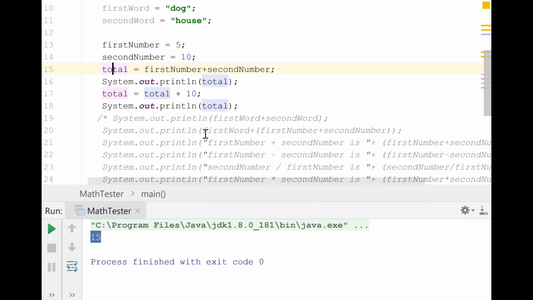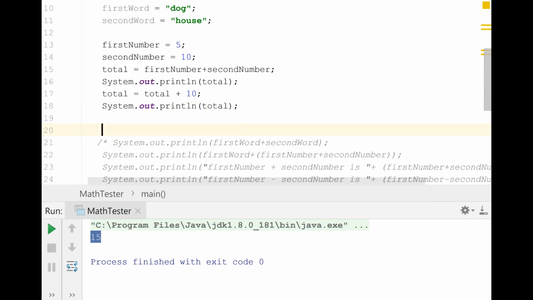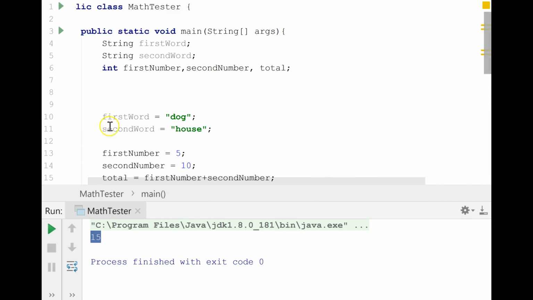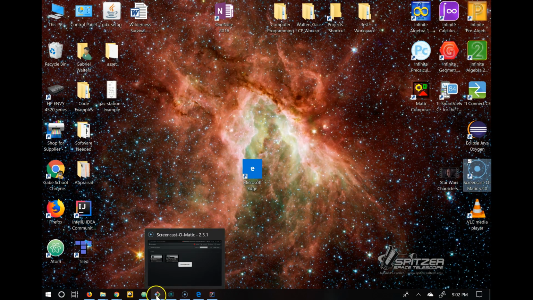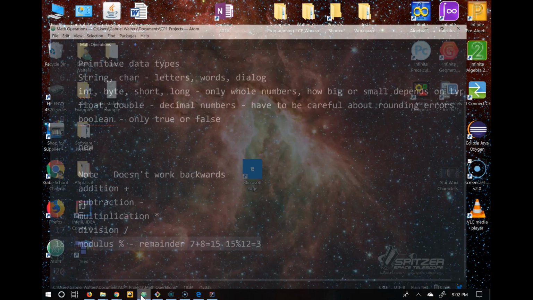Now what we can do with this is a BMI calculator. We could actually ask questions, do some math on the answers, and then print out the total. So if we were looking at an equation, let's go back, because I want you to play around with the math tester to figure out the equation, and you're going to want to print it.